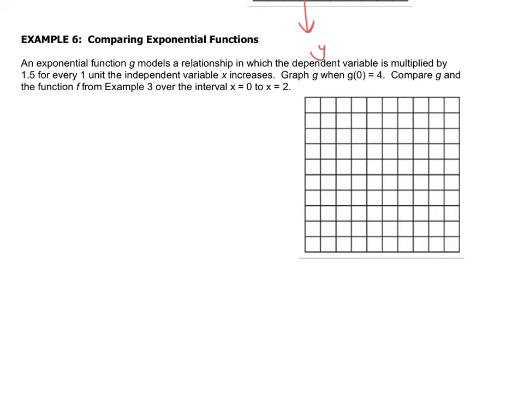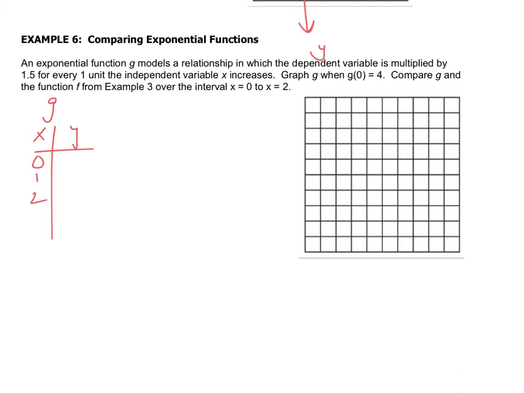Okay, so then we are asked to compare this function and the function f from example 3 over the interval of 0, 1, and 2. So I'm just going to do this real quick here. So my function g, 0, 1, and 2.